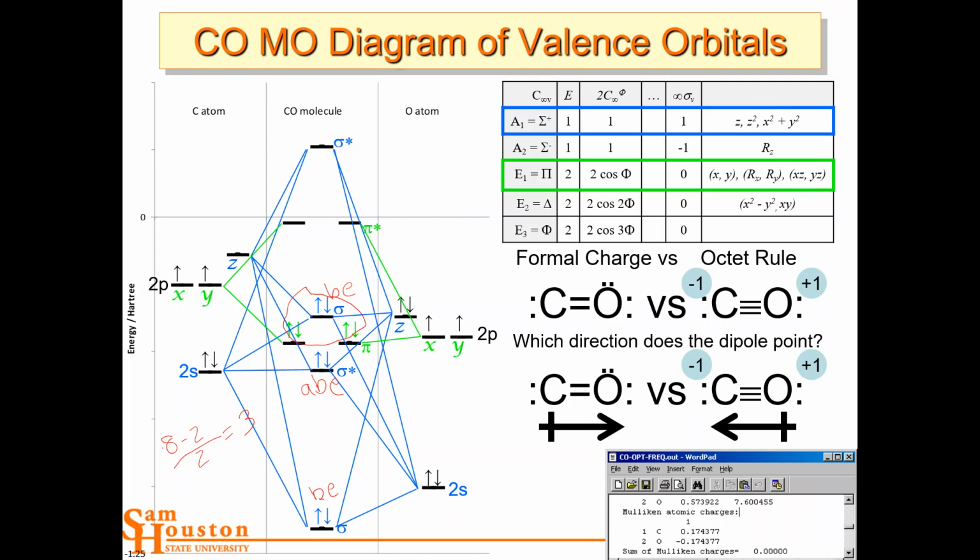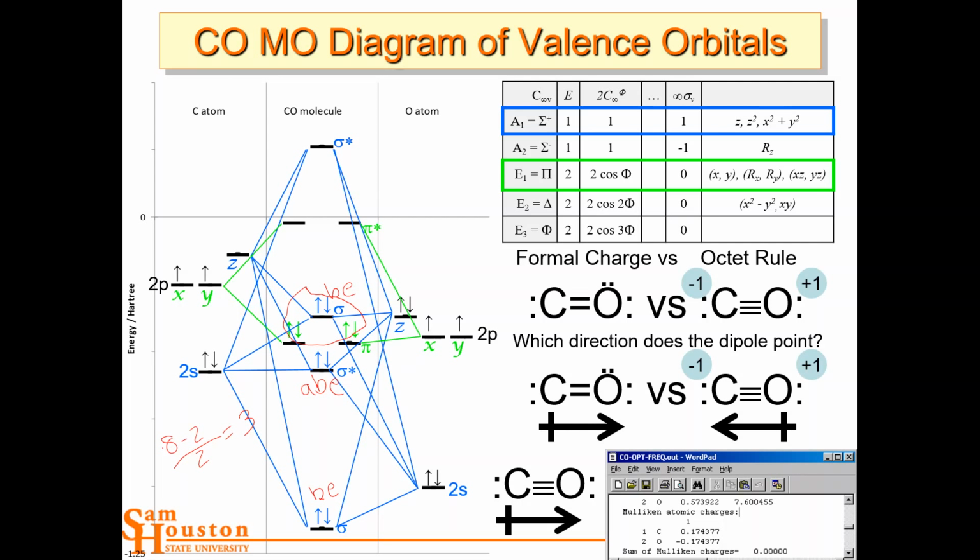Well, it tells us that we have a triple bond, but then it also tells us that the dipole moment is pointing towards the oxygen. So does this mean that the formal charge is kind of odd, kind of messed up? Yeah, the formal charge is not a great way to come up with partial charges. Okay, but it is a method for determining different bonding arrangements using local bond theory.